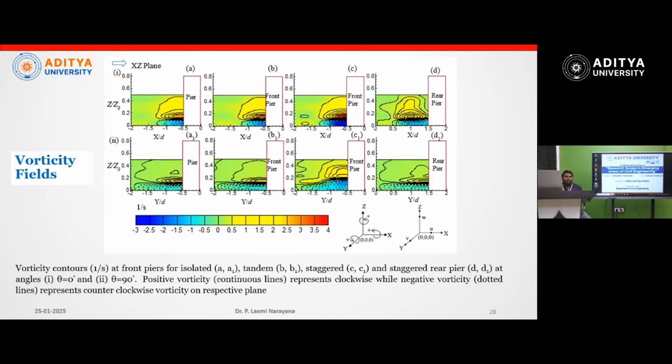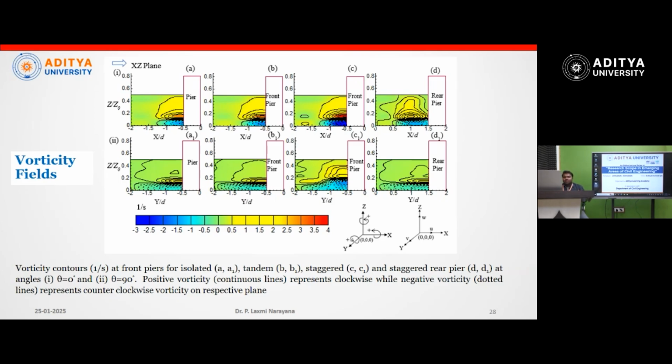One hidden piece of information we can see from these plots is that the red color is the primary vortex, which we already saw in the streamlines. But after plotting these vorticity fields, I came to know that there is another vortex, known as the secondary vortex, beneath the primary vortex.